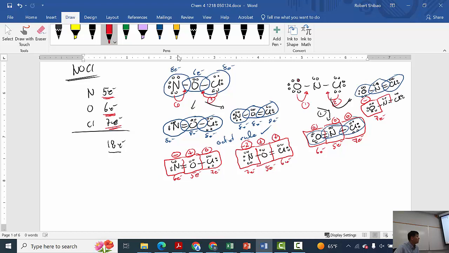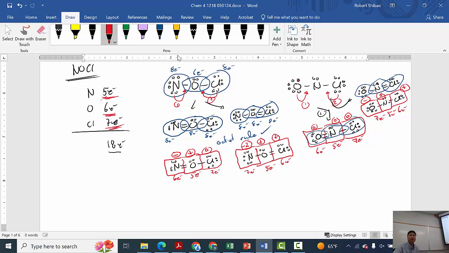Okay, this nitrogen ends up with five. It contributed 5, and so formal charge 0. This chlorine, 6. It contributed 7, so its formal charge is going to be +1.